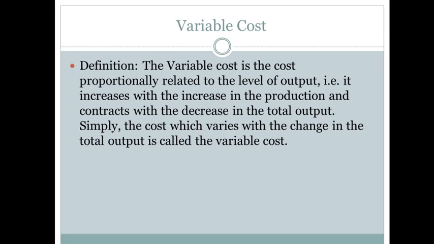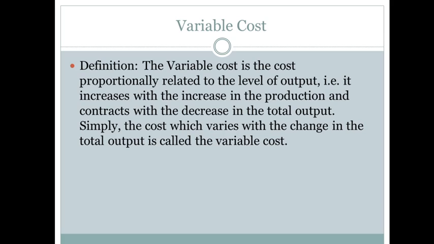Variable cost is the cost which changes along with the number of output we have planned. So this cost is not fixed; it will be changing as per the changes in our output or our production.